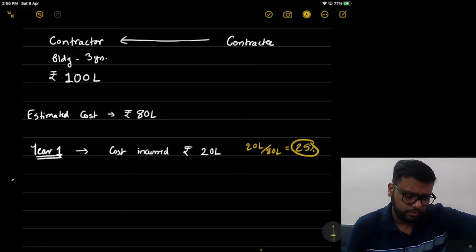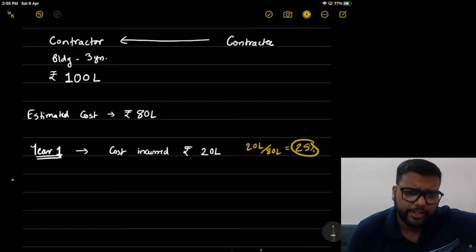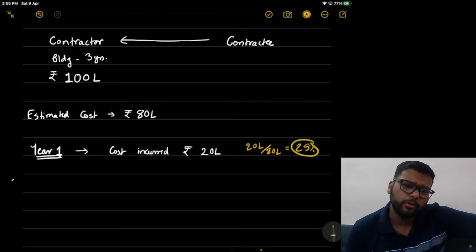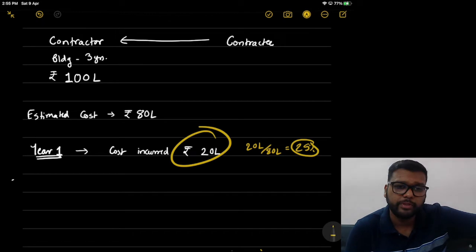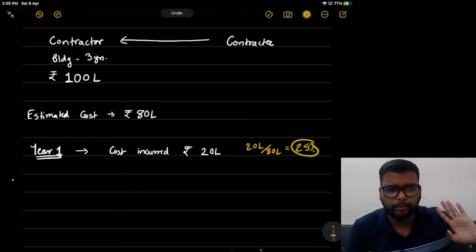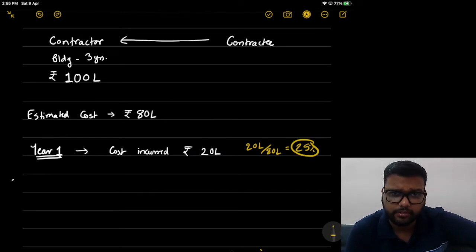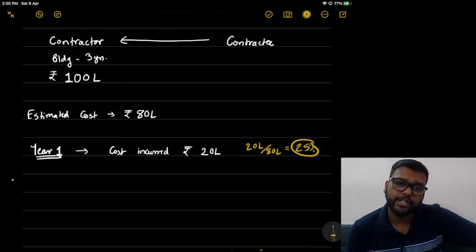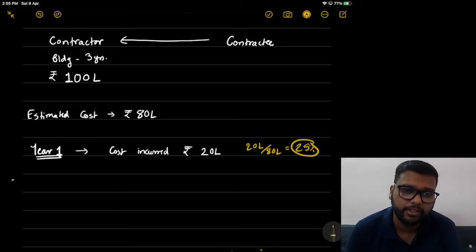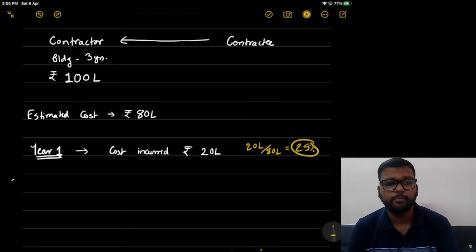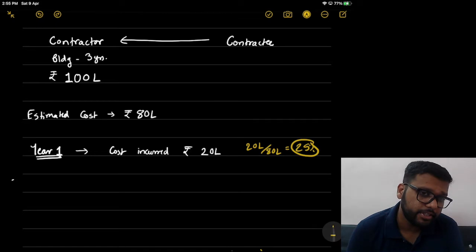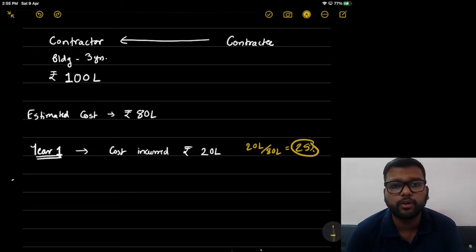Now concentrate carefully. We told the contractee that we have incurred 20 lakhs rupees cost, so that is 25%, so pay us 25%. Do you think the contractee is directly going to agree to that? No. Just because we say 25%, he will not directly pay 25%. Logically, what will the contractee do?